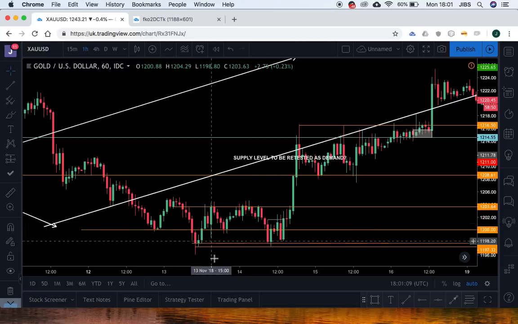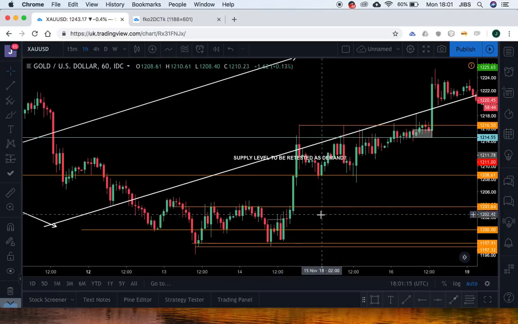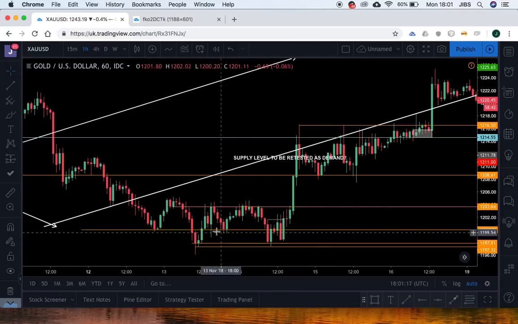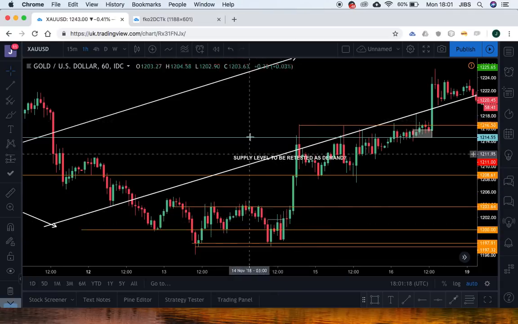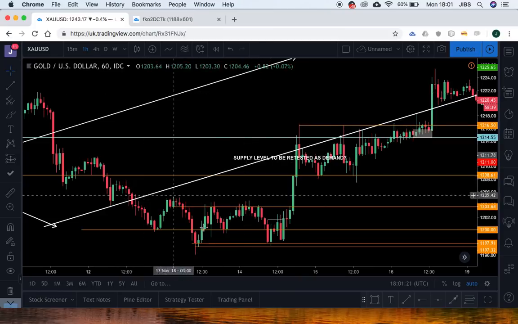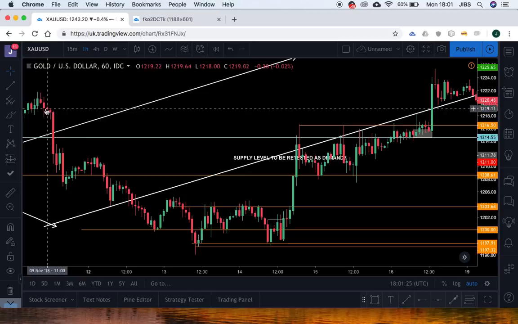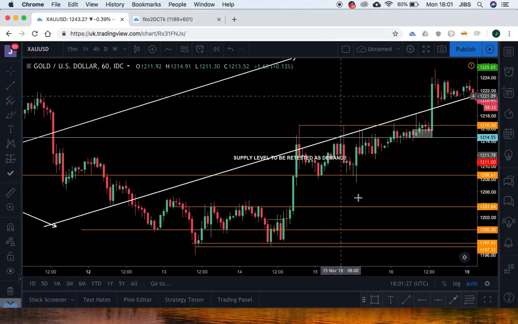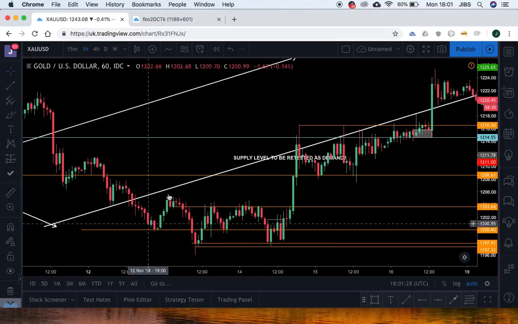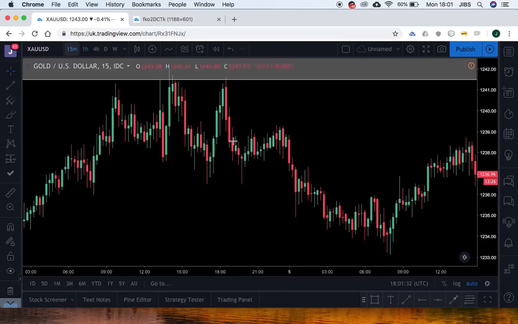For me, demand's cleaner. And soon, once this level gives way, we're gonna see price going back to 1200, 1220s, and watch it there. So you're gonna see this intermediate high get taken out. You're gonna see price change into this oversupply and more. So as you can see, price did that. The 15-minute time frame.